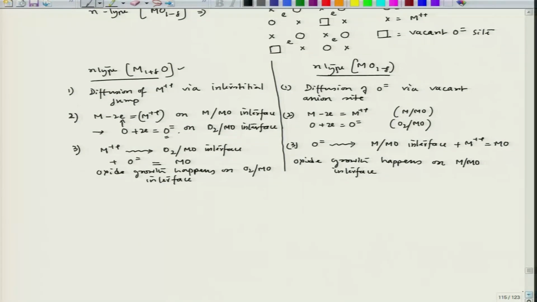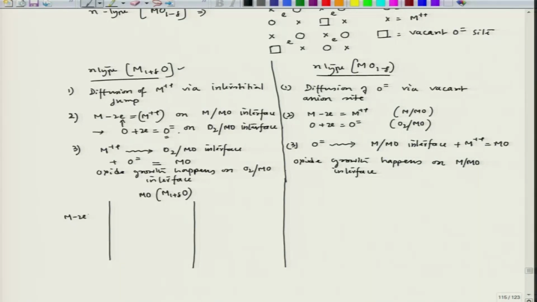So, let us see how we can graphically show that. For example, in this case let us say this is my oxide layer, which is MO, and of course this is nothing but M1+δO.